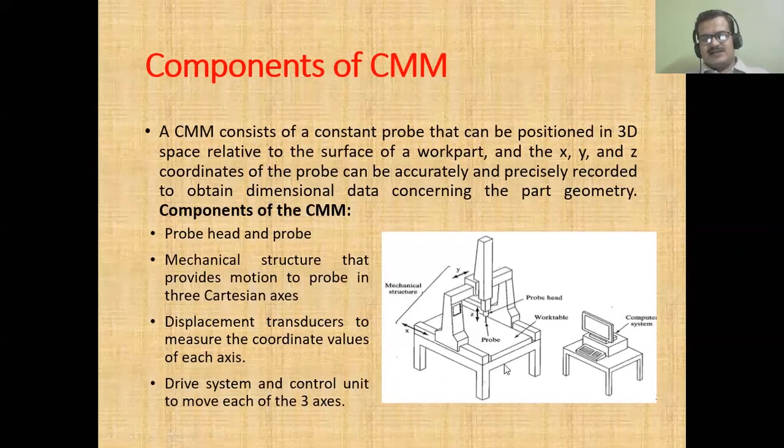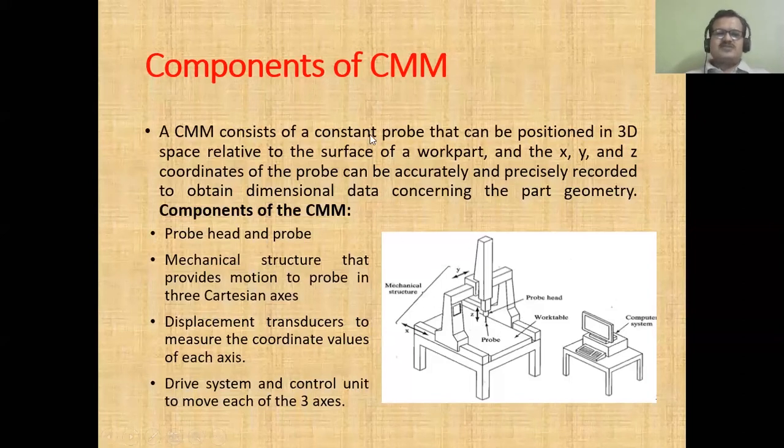This mechanical structure can be moved like this, or in this direction, X, Y, and this can be moved up and down, that is the Z direction. So X, Y, Z, you can have three-dimensional movement. And here you can see on this table, the part would be placed on this work table.